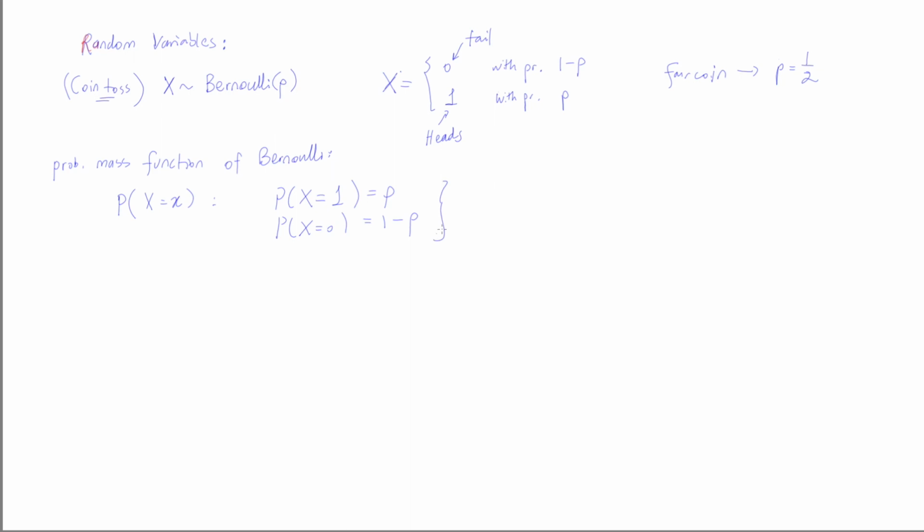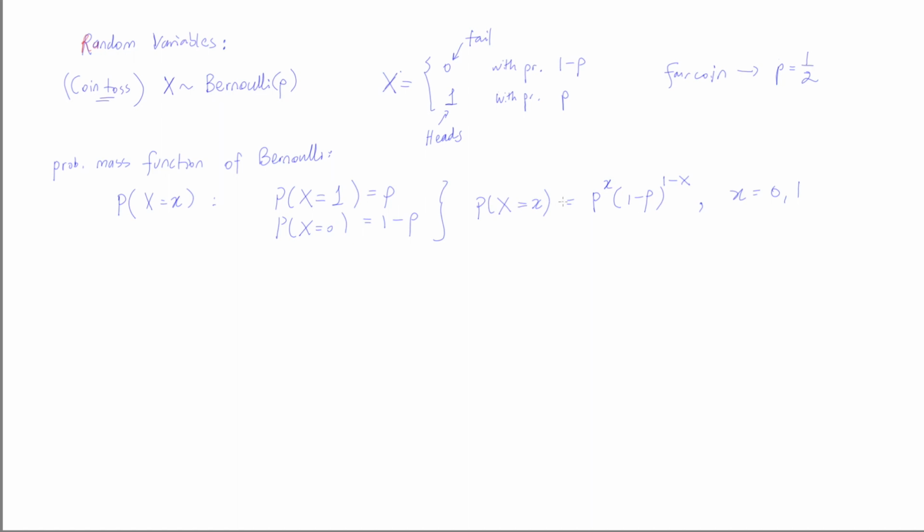Now we can summarize this information by writing probability of X equals little x is equal to p to the power of x, times 1 minus p to the power of 1 minus x, where x can be 0 or 1. When x is equal to 0, p to the power of 0 becomes 1, and 1 minus p to the power of 1 minus 0 just becomes 1 minus p.